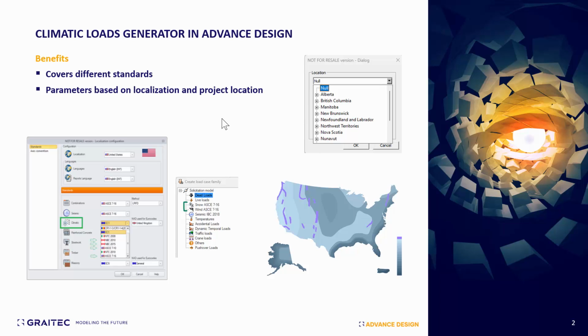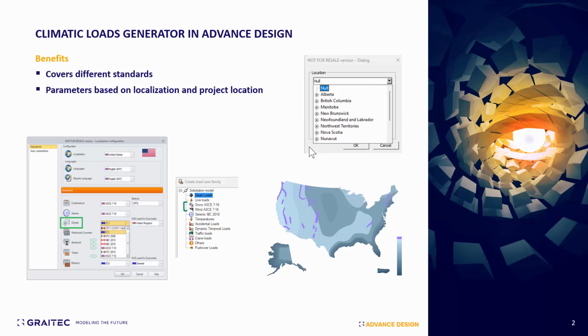The second benefit is in terms of defining the basic parameters to apply wind and snow loads or generate them automatically. In Advanced Design, we have the automatic libraries built inside the software.